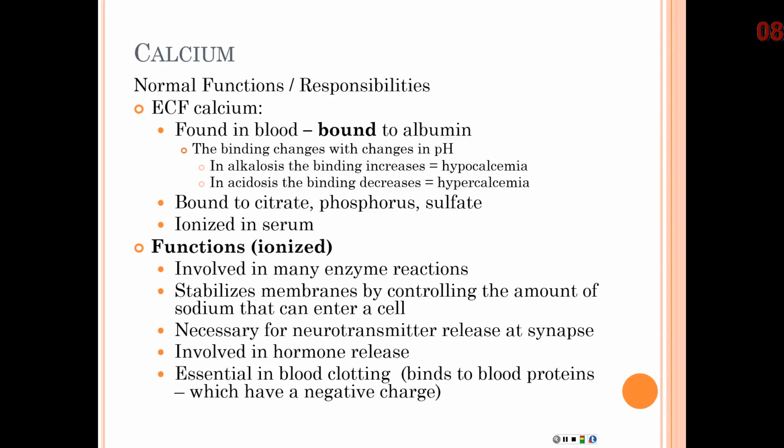Likewise, if you're in an acidotic state and your pH is starting to drop, there's an increase in the hydrogen ion concentration. Increases in hydrogen ion concentration, lower pH, acidotic state, and that decreases binding. All those extra hydrogens actually break the bonds between calcium and albumin, and you wind up increasing your free calcium, and you have hypercalcemia.